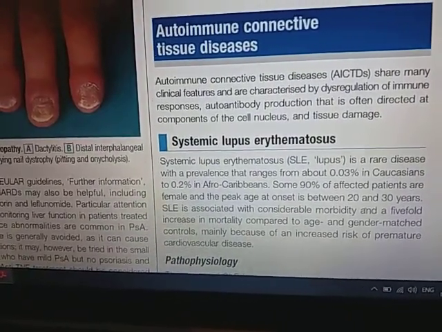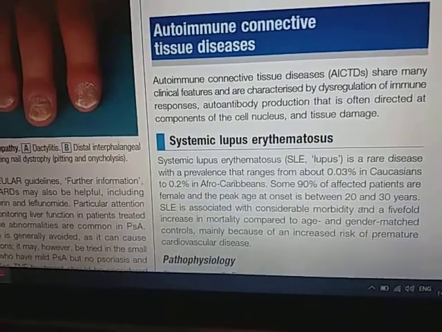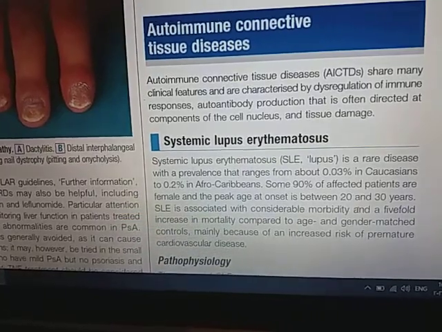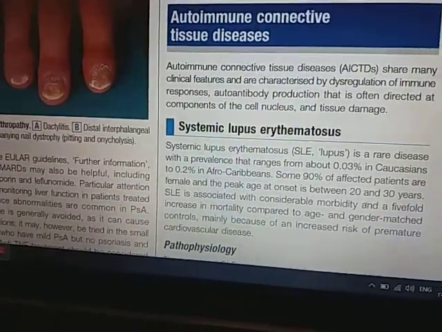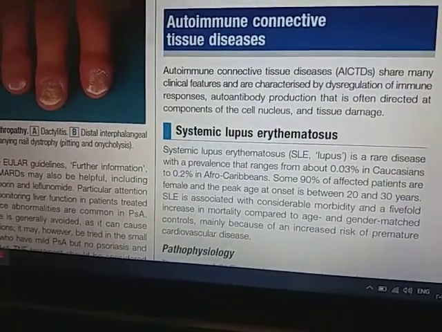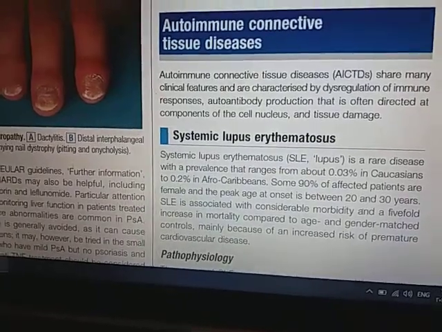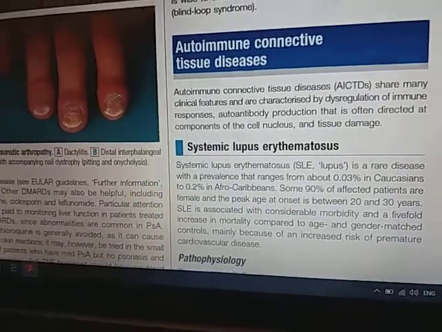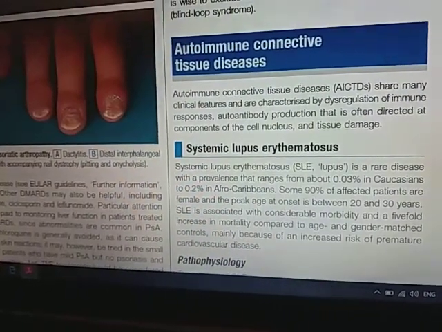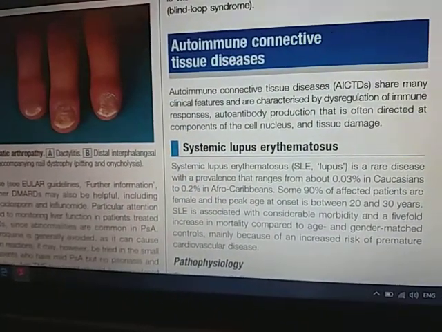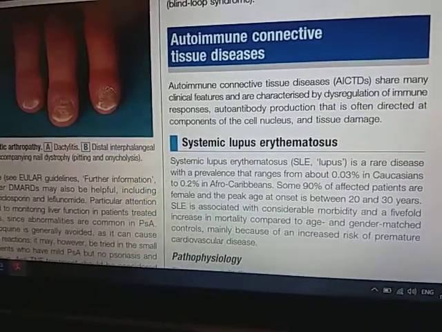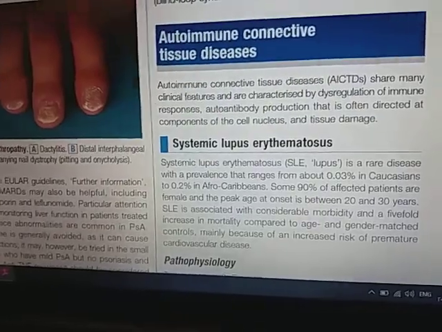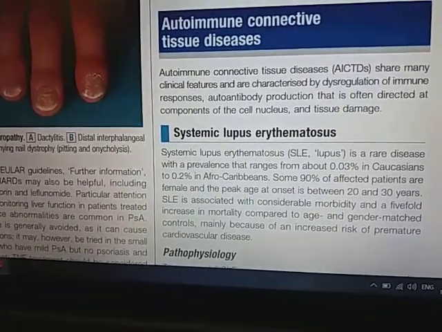If deformities occur, they are due to tendon inflammation, not bone destruction. So one may have a swan neck deformity. This is called Charcot's arthropathy. It is due to tendon involvement, not joint destruction. The other feature is Raynaud's phenomenon. The other features are rash and dermatological features.